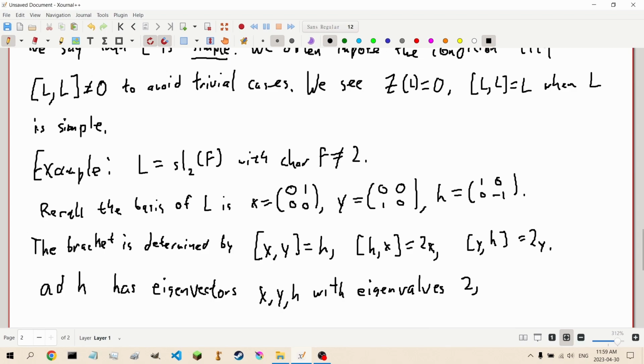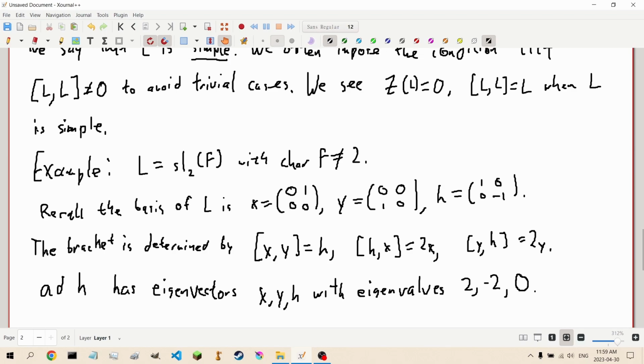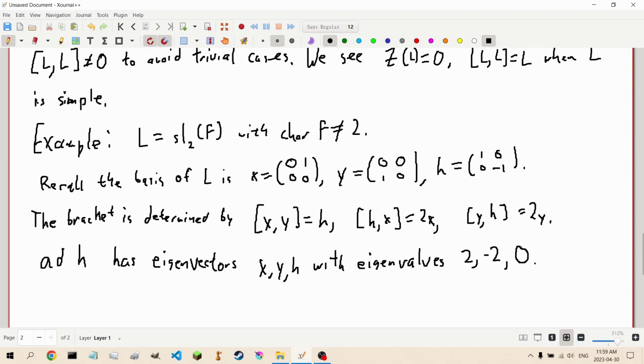The bracket of h and y is negative 2y by anti-symmetry, so that has an eigenvalue of negative 2. And the bracket of h with itself is 0 trivially, so that has an eigenvalue of 0. And we're in characteristic not 2, so these are all distinct.